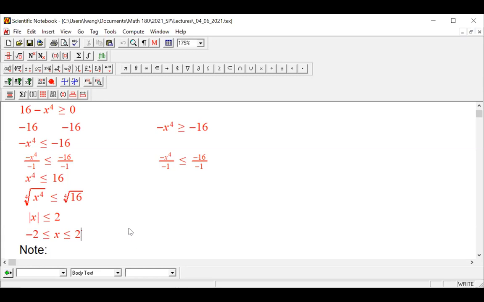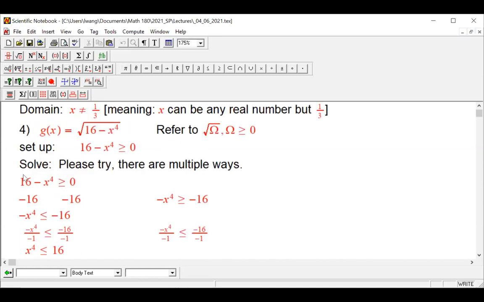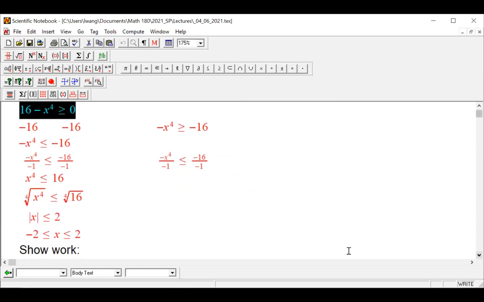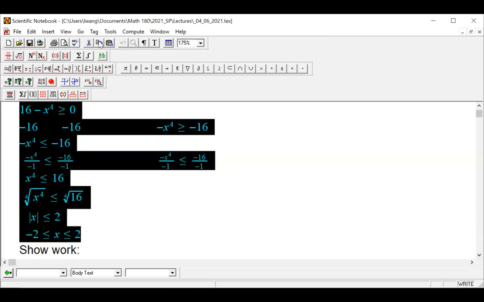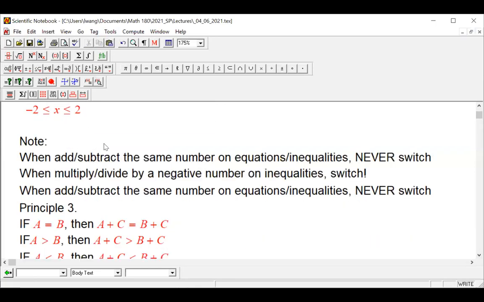So now in summary, I'm going to show this, show work. Because all of these are discussions. If you are to do the work, and you show these work to the professors, these are the recommended steps I'm going to show you. Suppose this is a piece of work I turn in.